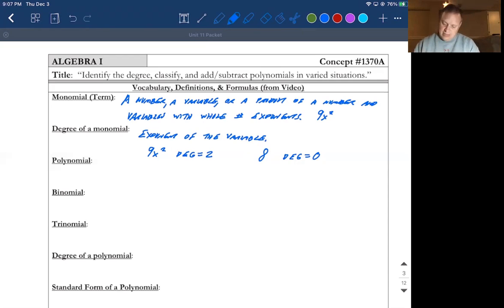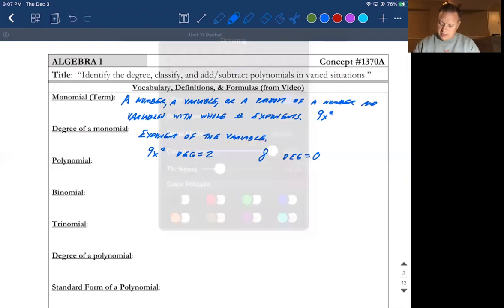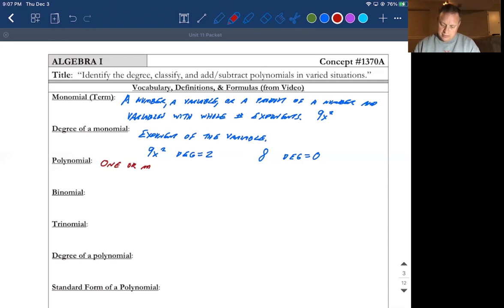Polynomial. What is a polynomial? Well, we shift gears a little bit here. A polynomial is one or more monomials combined by addition or subtraction.